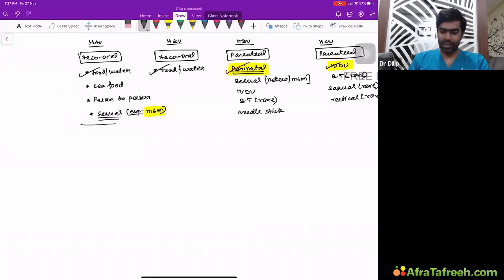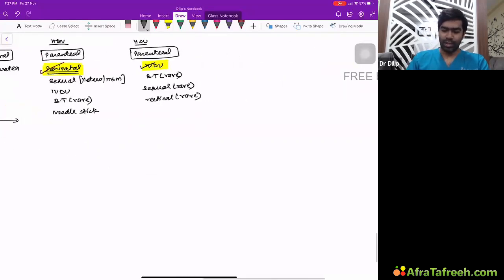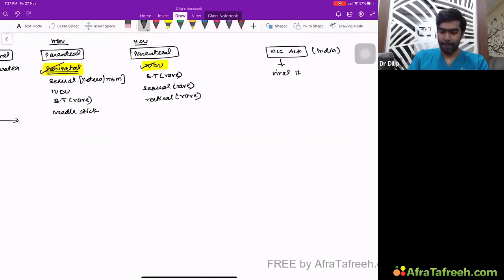Please understand hepatitis A virus and hepatitis E virus. Once again, I'm substantiating the fact there is no chronicity, no chronic liver disease or cirrhosis, and no hepatocellular cancer. But they can produce acute liver failure. Suppose they ask you the most common cause of acute liver failure, I told you this statement already. In India, if you ask the most common cause of acute liver failure, it's always viral hepatitis.